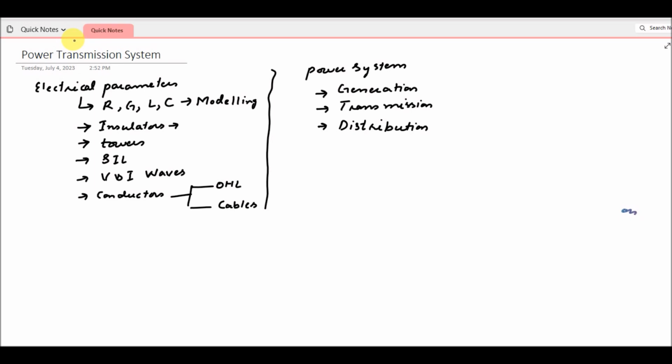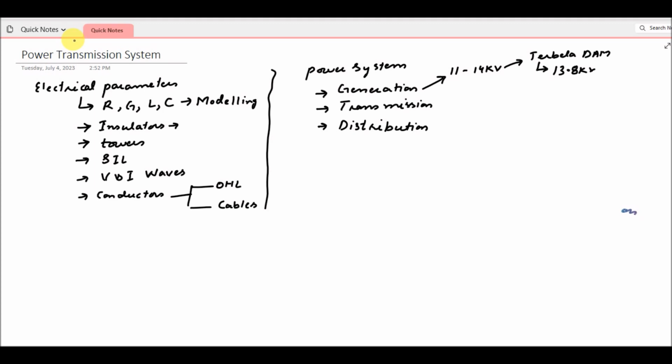Normally generation is done between 11 to 14 kilovolts. If I talk about the Tarbela Dam in Pakistan, it is producing power at 13.8 kilovolts.